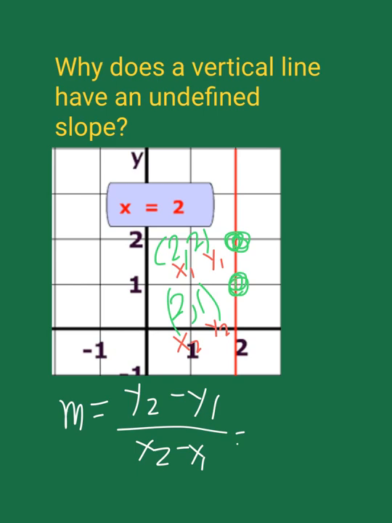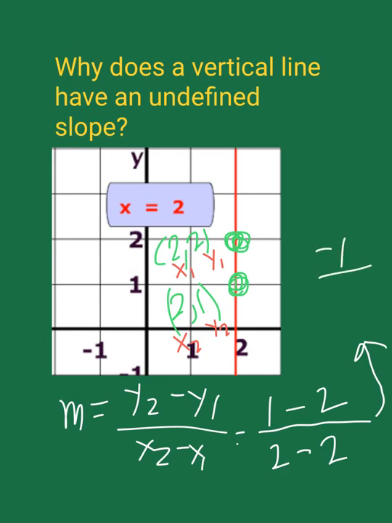All right, so let's fill in the numbers. y2 is 1. y1 is 2. x2 is 2. x1 is 2. So I'm going to continue my work right up here. 1 minus 2 is negative 1, and 2 minus 2 is 0. So that's the reason why the slope is undefined.